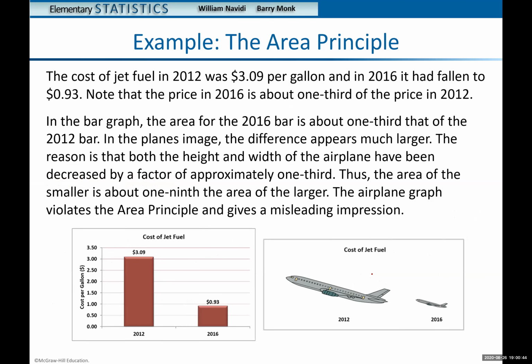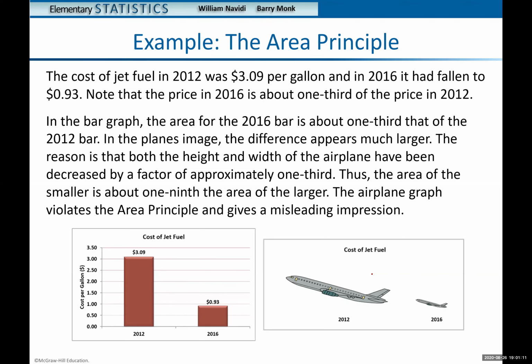So look at the example here. The cost of jet fuel in 2012, you have it here, $3.09 per gallon. And in 2016, it had fallen to 93 cents. So note that the price in 2016 is about 1/3 of the price in 2012.